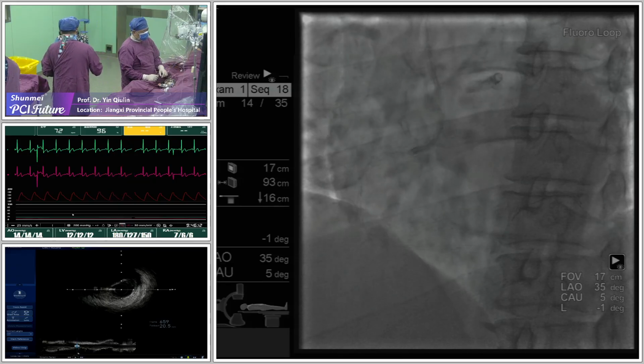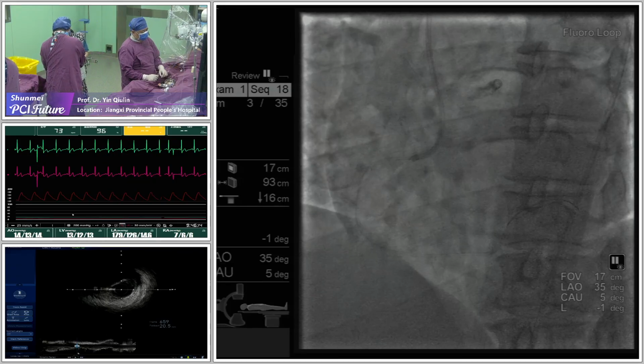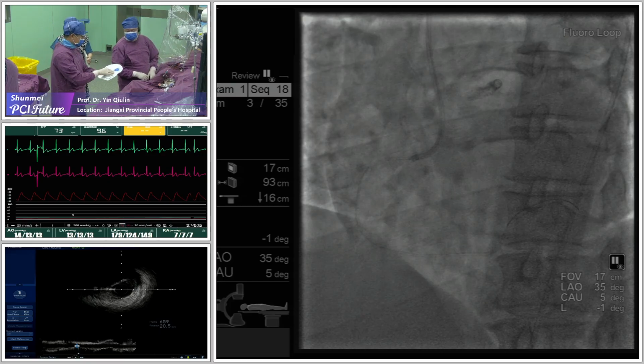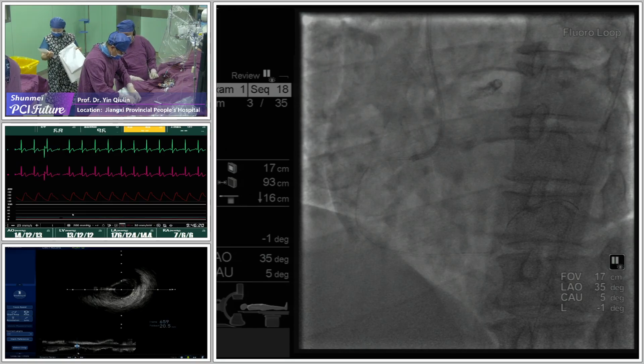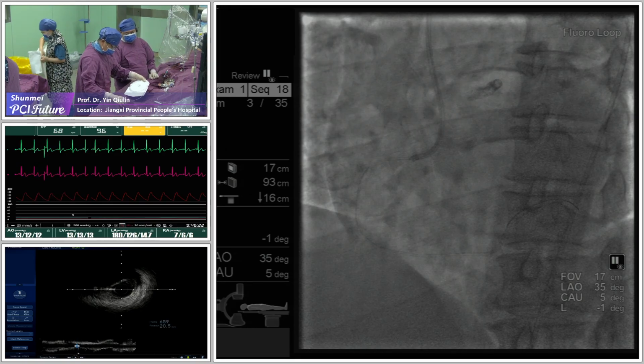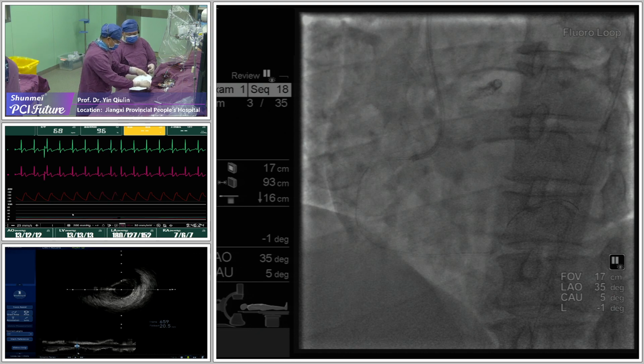This wire is in the subintimal space, so we knuckle the XTA. Next one.